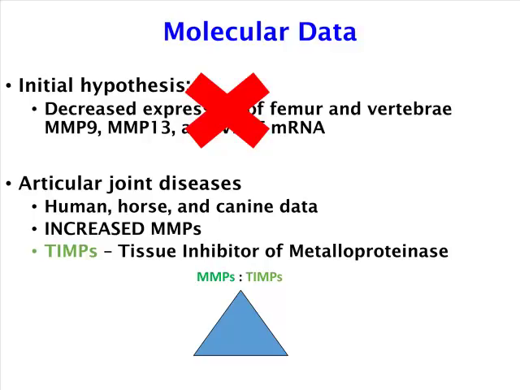And this is a very generalized summary of all those papers, but in general, those MMPs were increased, not just 9 and 13, but some of the other ones that may be playing a role. So this data would coincide with what we saw in our preliminary MMP9 mRNA data. And I say preliminary because we don't really have it all worked out yet, but it's a start.